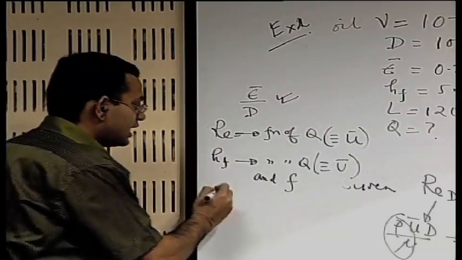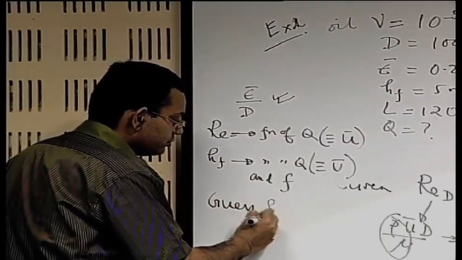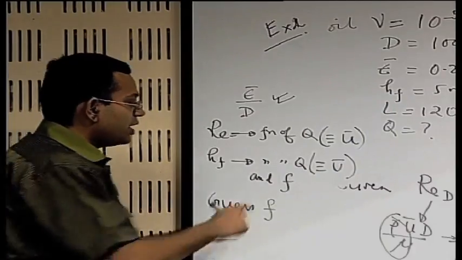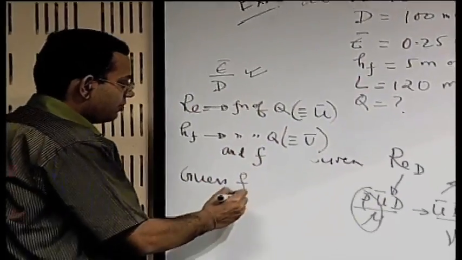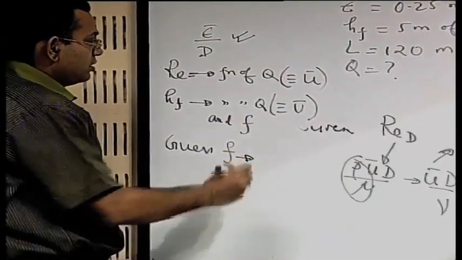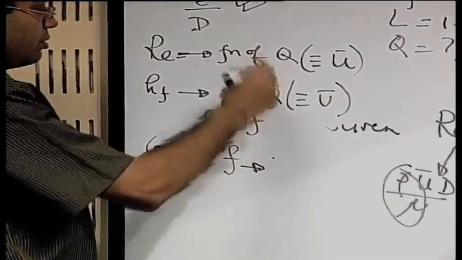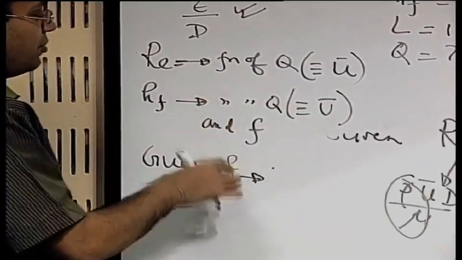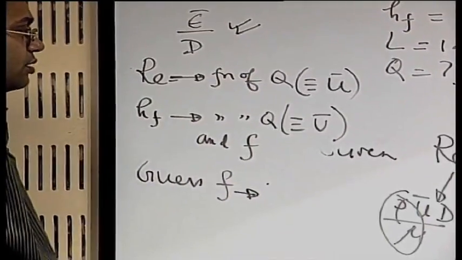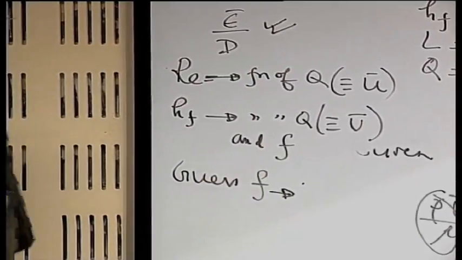So you start with a guess value of f, guess some value of f. So once you have guessed a value of f, then from that you can find out what is the Reynolds number, or when you have a f and when you have an epsilon by d, from that what you can find out?